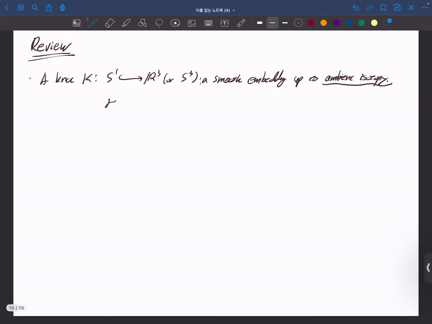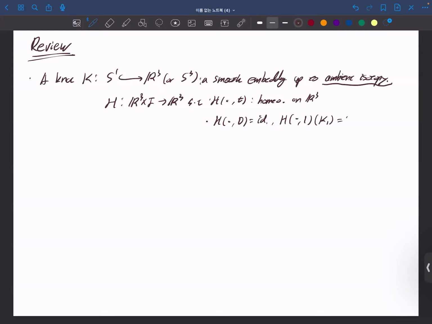Ambient isotopy is a continuous map H from R3 times I to R3 such that, for any t, it is a homeomorphism on R3. And secondly, H at 0 is the identity, and H at 1 sends one knot to another knot.